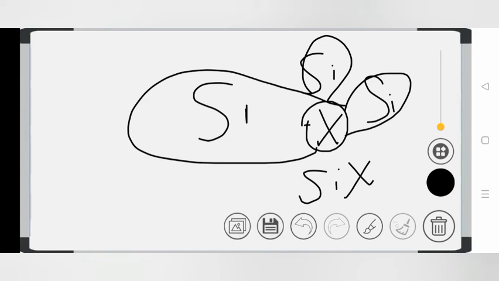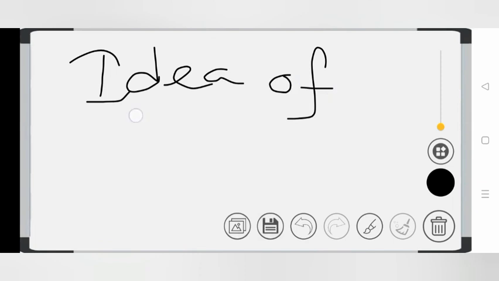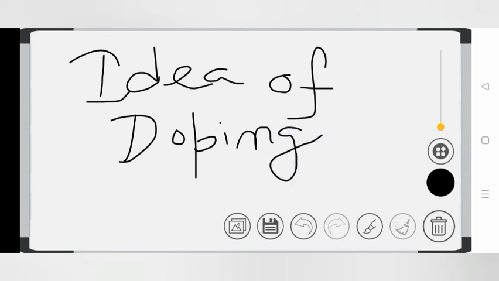Let's start the last topic of today's class, that is the idea of doping. What is the idea of doping?